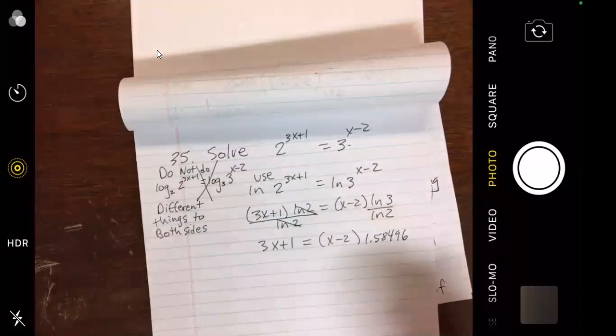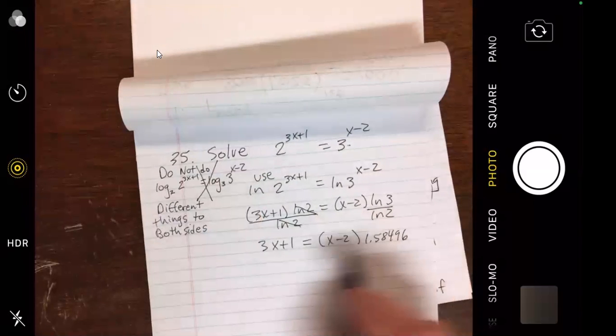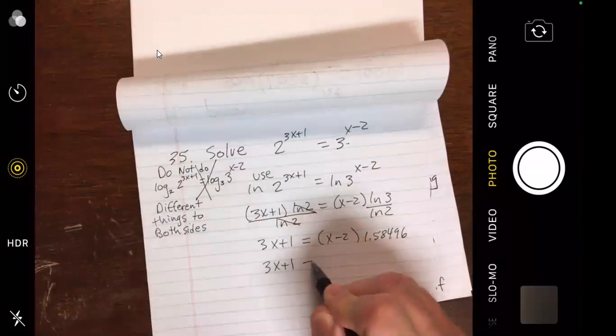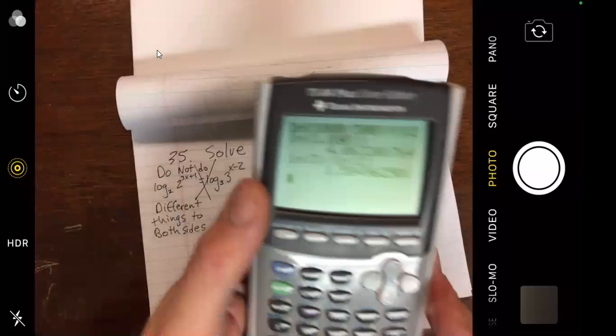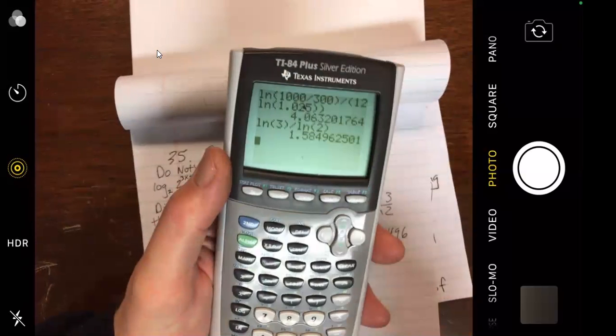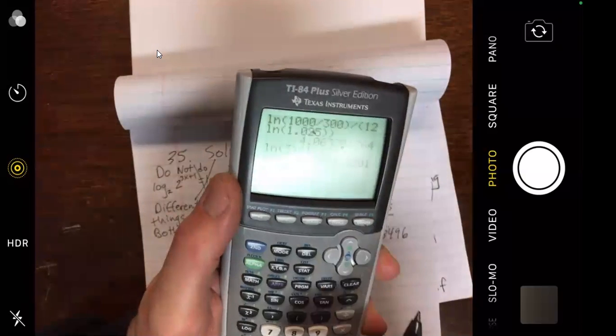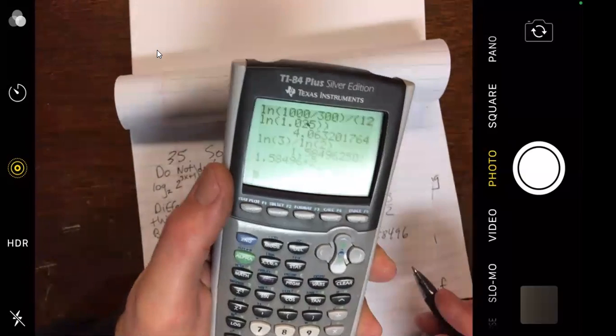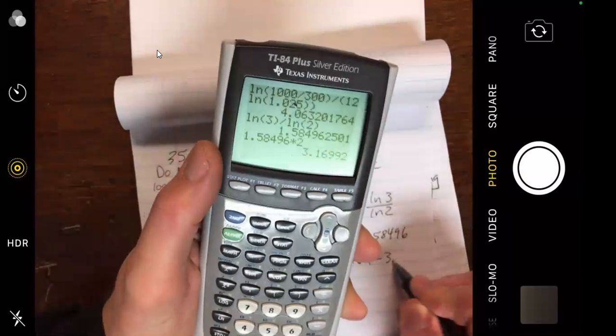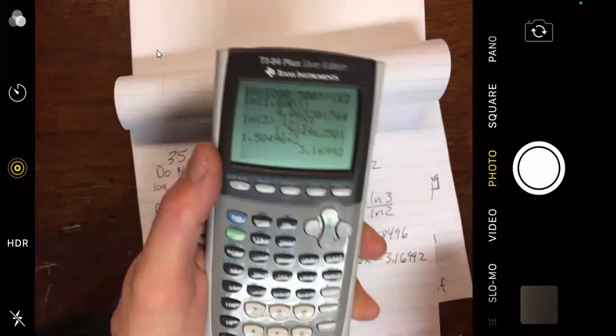All right, well, now it's just a matter of working. 1.58496x minus whatever 1.58496 times 2 is. 58496 times 2, 3.16992.